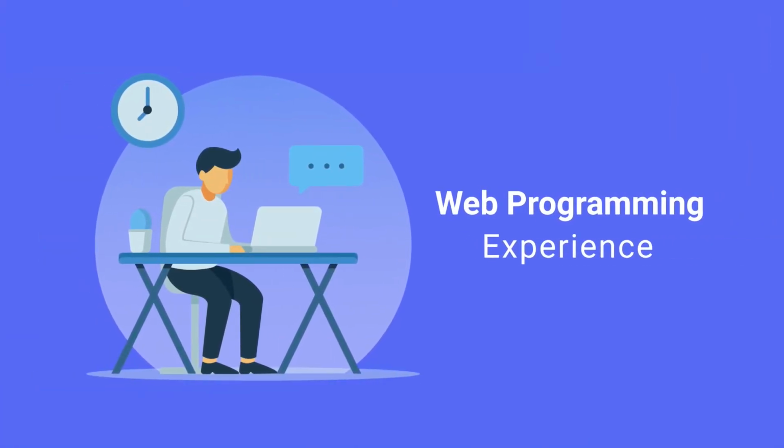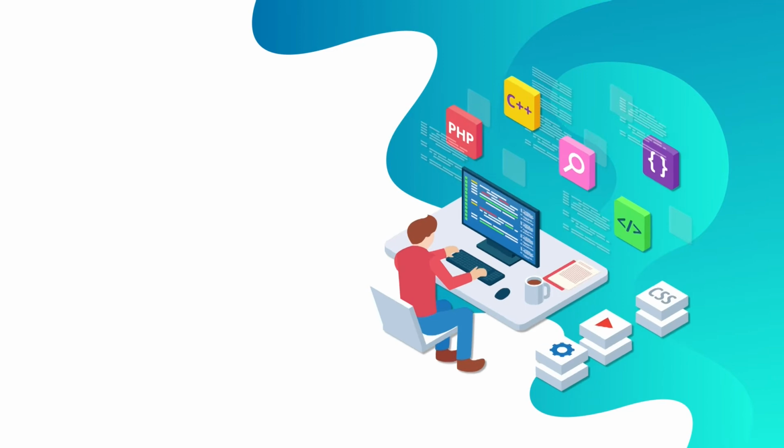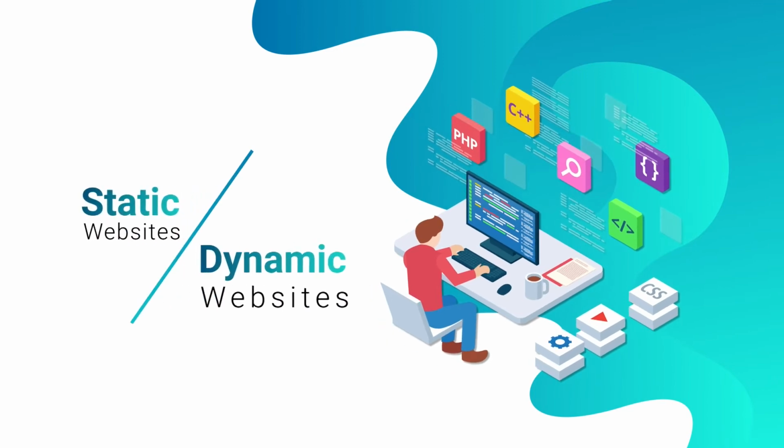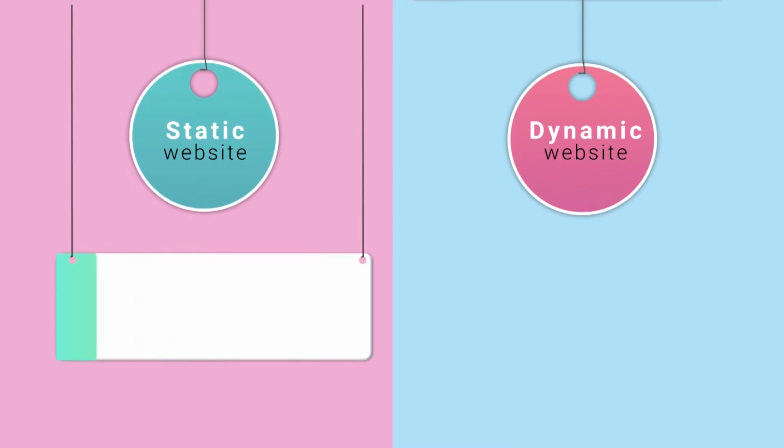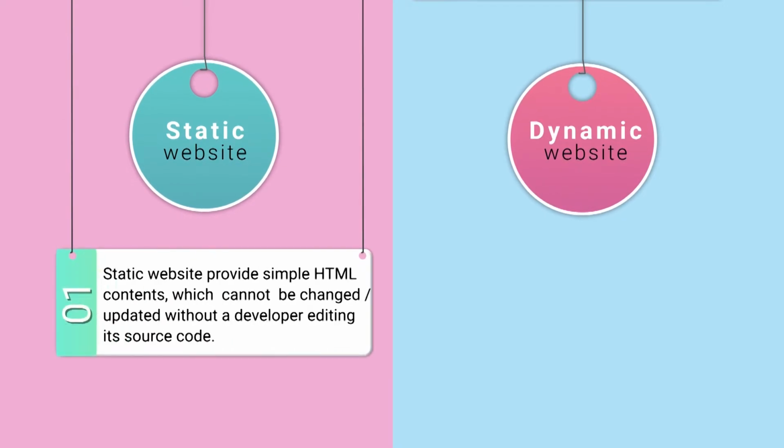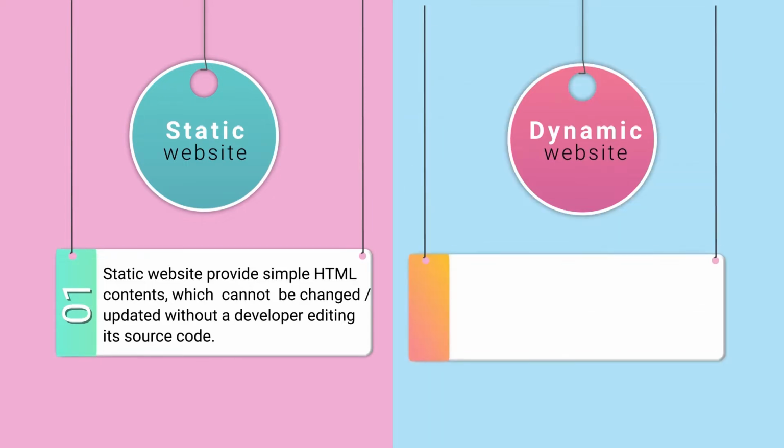For this purpose, refer to the following table, which shows difference between static and dynamic website. This is the table. You can see the difference between static website and a dynamic website. Static websites provide simple HTML contents which cannot be changed or updated without a developer editing its source code.